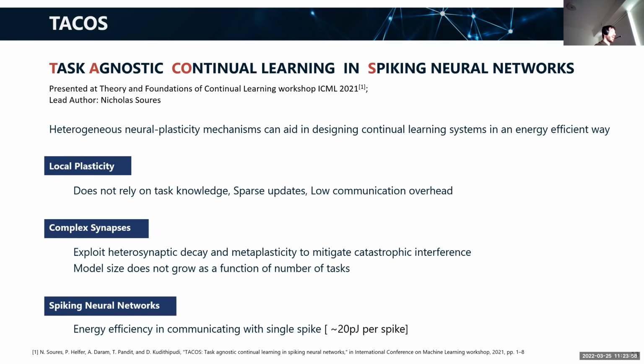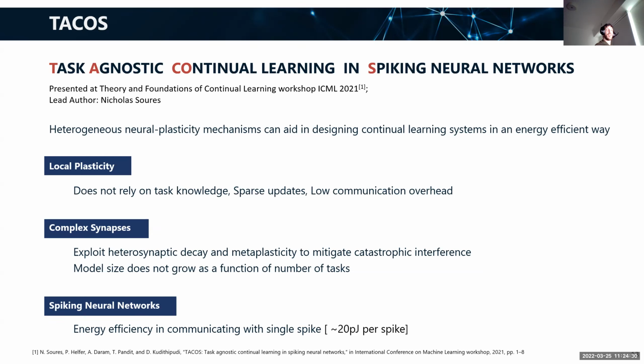So, as I was saying, the key points are using heterogeneous neuroplasticity to aid in designing continual learning systems, again, with the goal of being energy efficient, which I'm sorry to say is not in this presentation, but that is an important focus of this work. So we wanted to look at local plasticity, removing task knowledge, sparse updates, low communication overhead, binary spikes, etc.